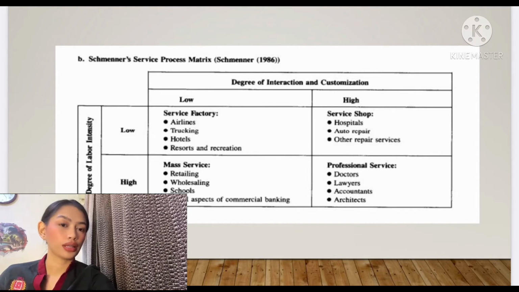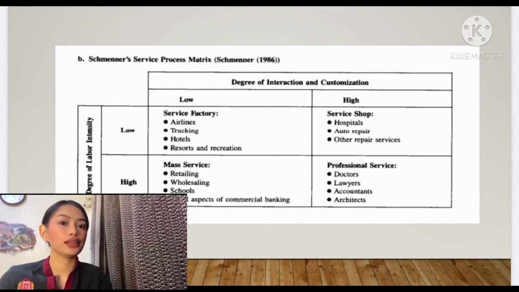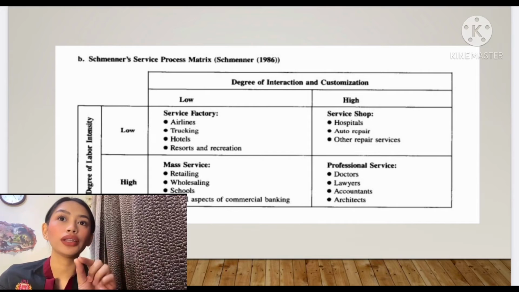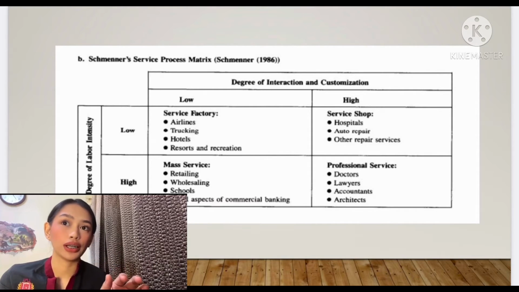As we can see on the Schmenner's service process matrix, the upper part indicates degree of interaction and customization. Under it, it has two columns which are low and high. Under the low, the examples given are service factory and mass service.